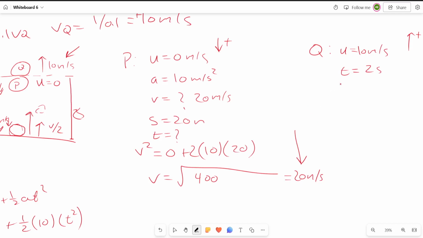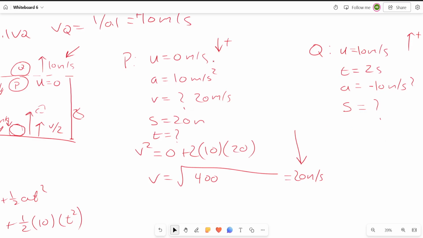I know that my acceleration is going to be negative 10 meters per second squared, because acceleration is downwards. And I want how far did this q go. So let's say s. How much is s here? Okay, we need to see where is q after these 2 seconds.